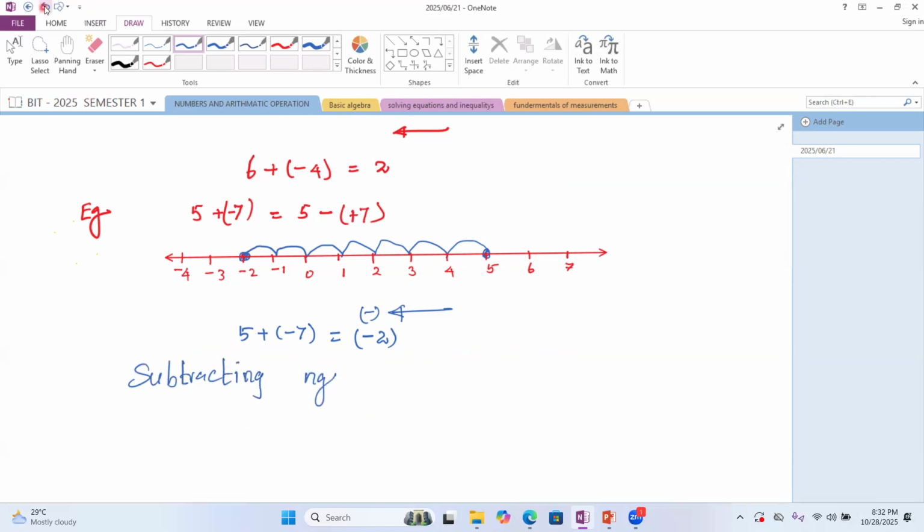So, subtracting a negative number is equivalent to adding a positive number.